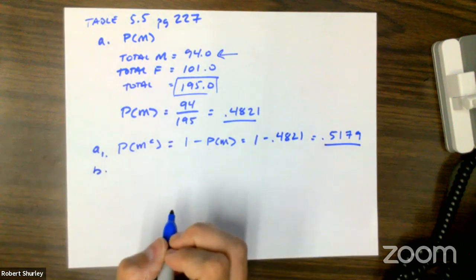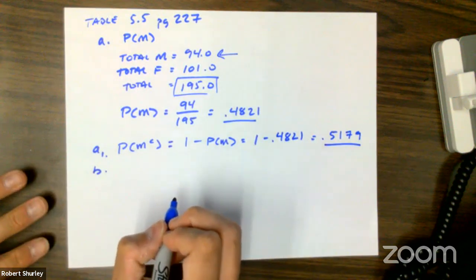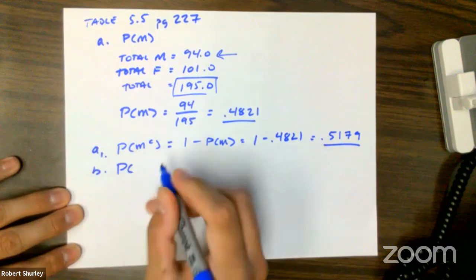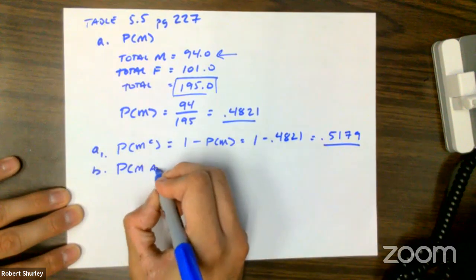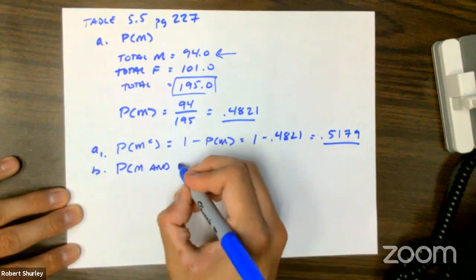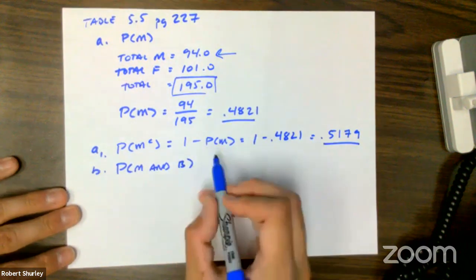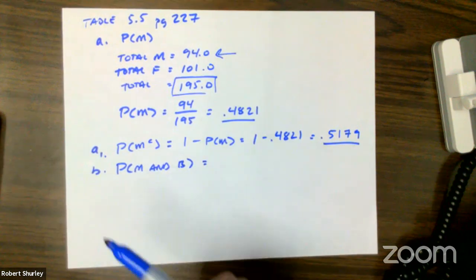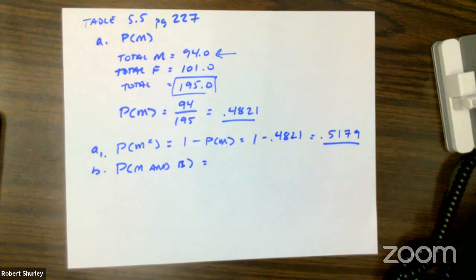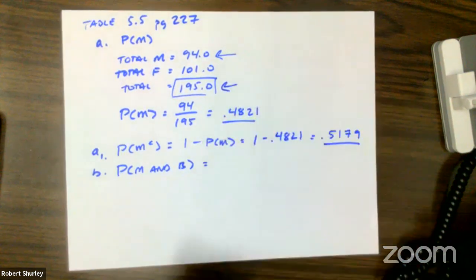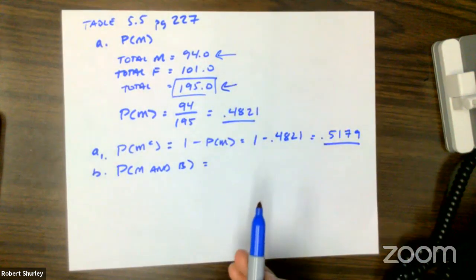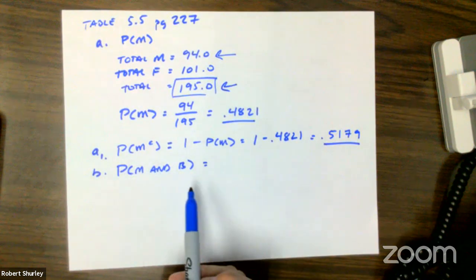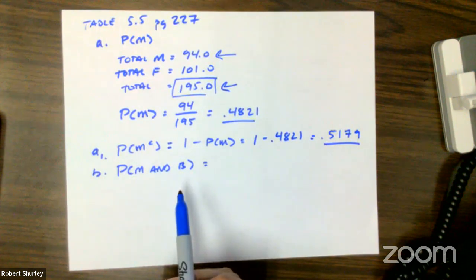So now let's go to B. B says, what is the probability that the person is a man with a bachelor's degree? So I'm going to say M for male, and we'll do B for bachelor's degree. Now, this isn't a given statement. It's not saying what's the probability you're a man given you have a bachelor's, right? It's just saying, out of the 195 million people, what's the probability that you're a man and you hold a bachelor's?